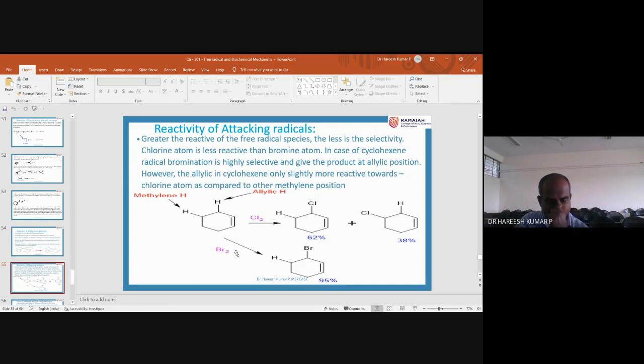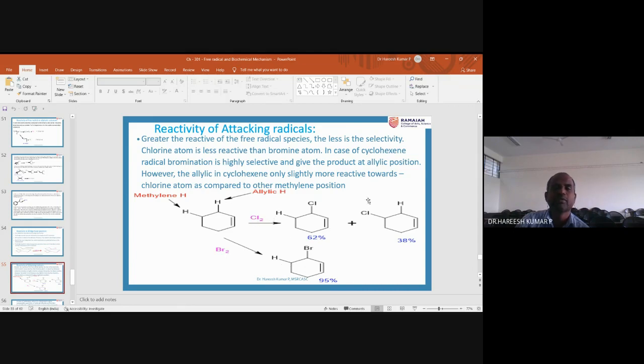So that may be because of the bulky group. Okay, bromine is bulky compared to chlorine. So this is the difference you need to remember. So usually one can frame questions on this kind of thing. Why? Because in the case of bromine, selectivity is there. In the case of chlorine, there is no selectivity.